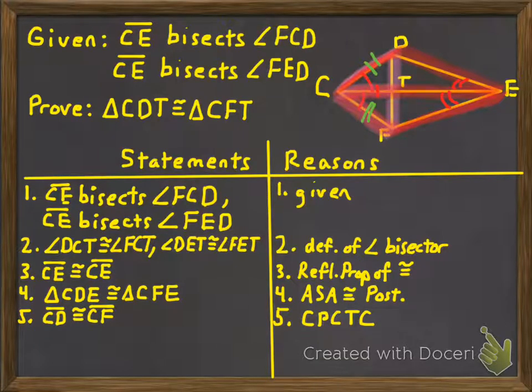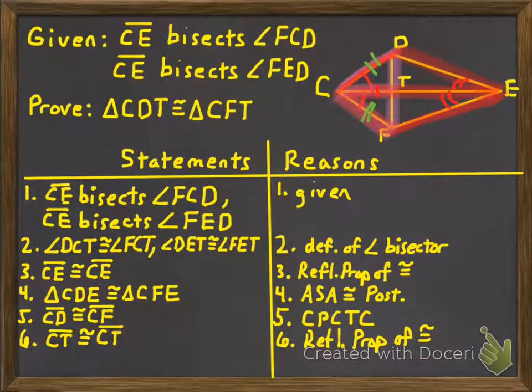And we need to state then that segment CT is congruent to segment CT, and you know the reason for that. And then finally, we know that two pairs of sides and the included angle of one purple triangle are congruent to the two corresponding sides and included angle for the other triangle. So we can state that triangle CDT is congruent to triangle CFT, and we can do that using the side angle side congruence postulate.